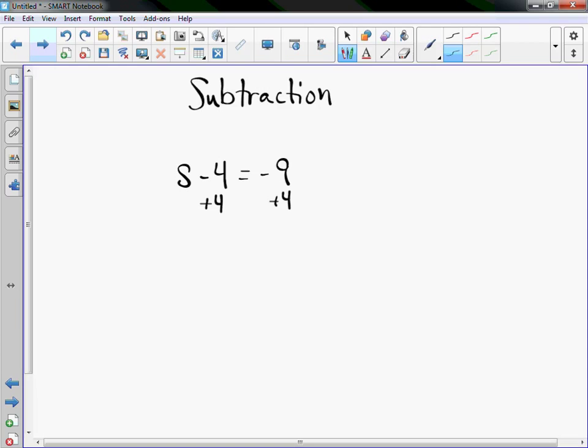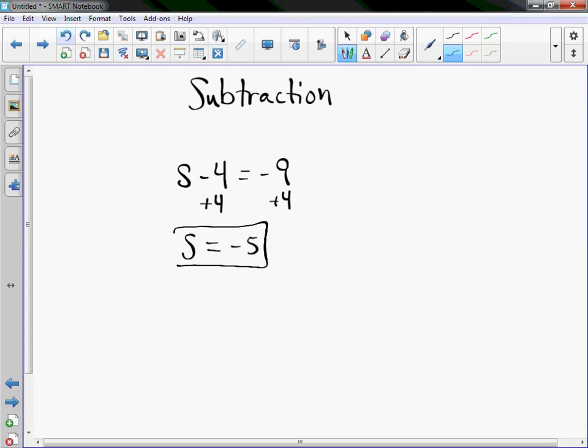So we have s, and negative 4 plus 4 is 0. So we just end up with, on this side, the sum total of this is just s. Okay? So I'm going to back up and get that circle off there. s equals, and then negative 9 plus 4 on the right side is negative 5.